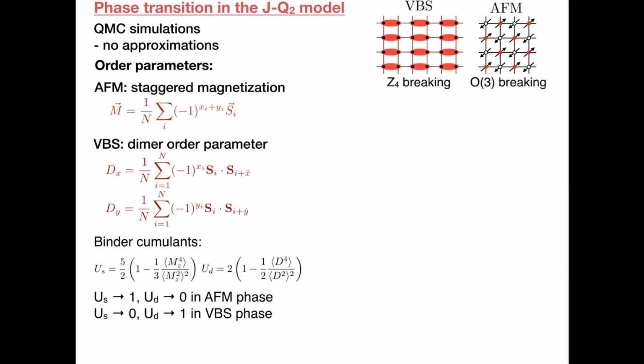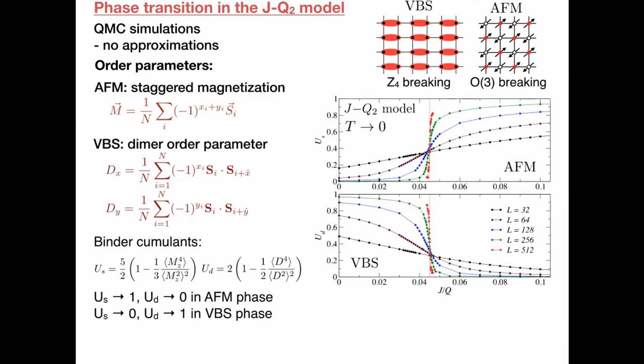So these have the properties that the one I call S here, for staggered magnetization, should go to 1 in the AFM phase and to 0 in the VBS phase. And for UD, it should be the opposite.